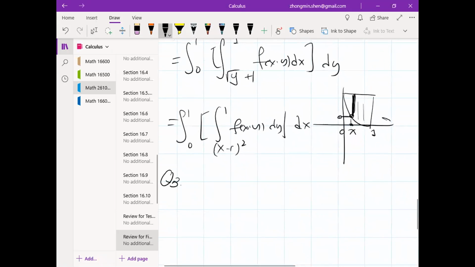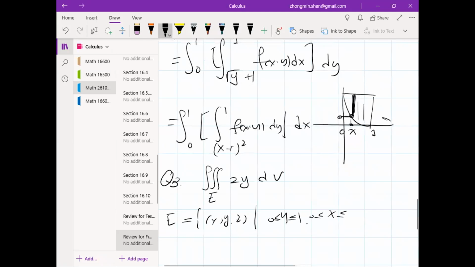So the third problem is to evaluate this triple integral 2y dV. E is going to be x, y, z. Y is between 0 and 1, no restriction on y.